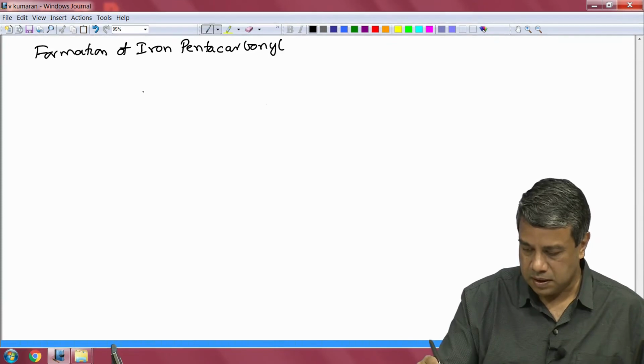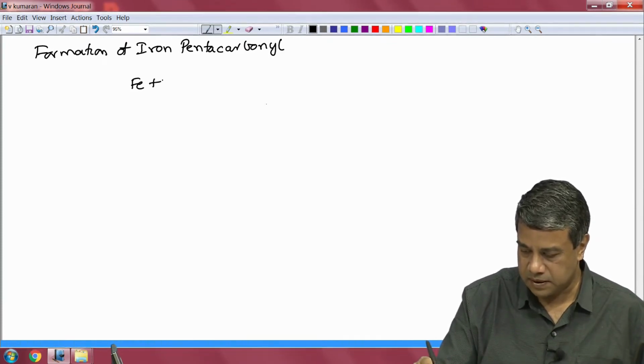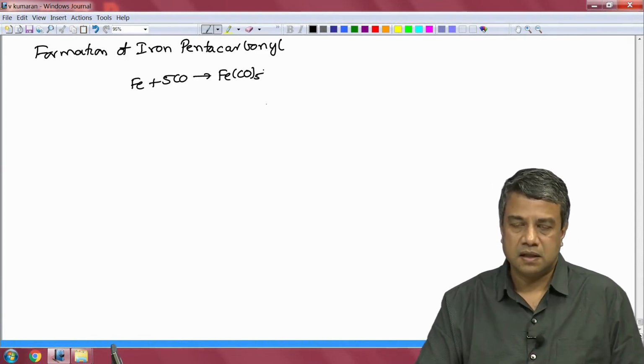The reaction is that the iron in the solid phase plus 5 CO gives you FeCO5. That is the reaction at the iron surface.